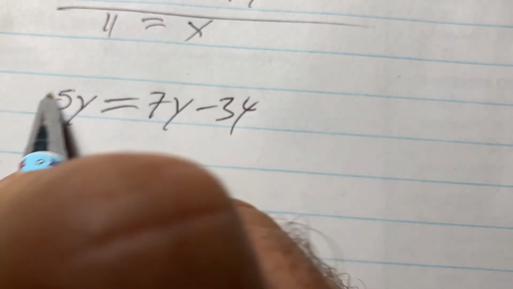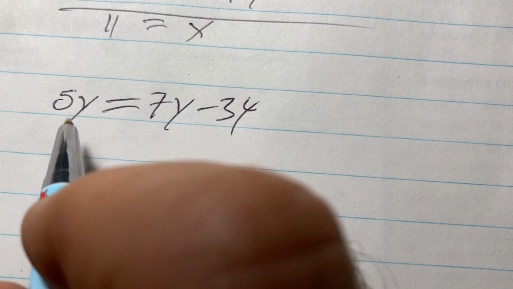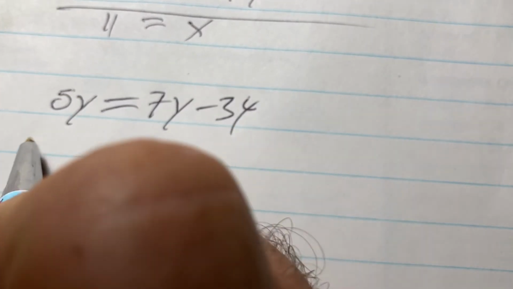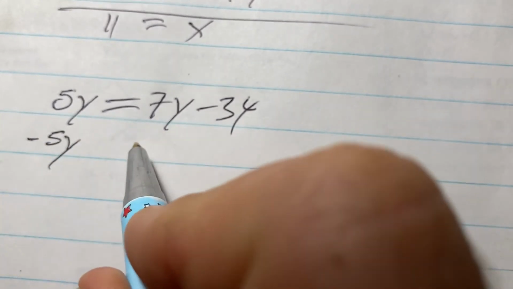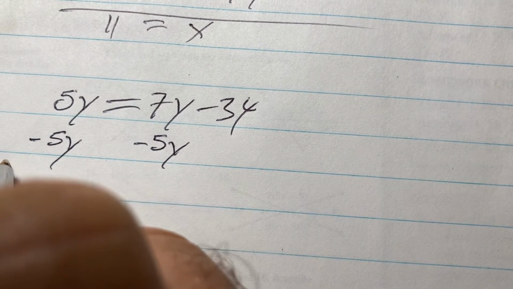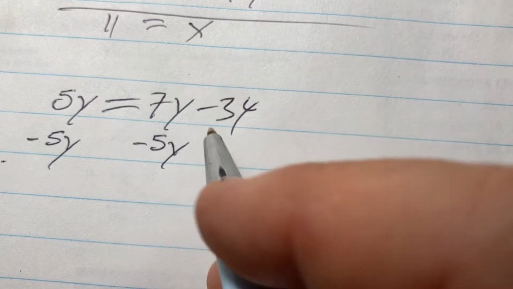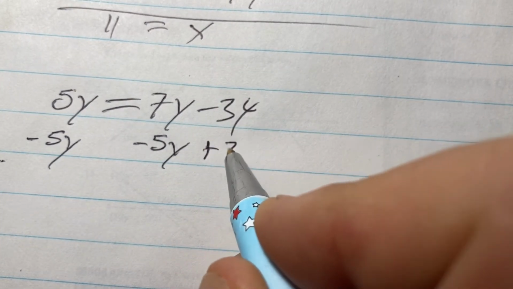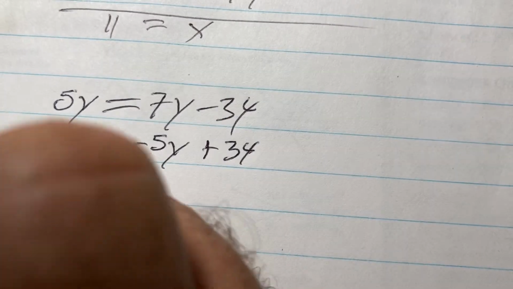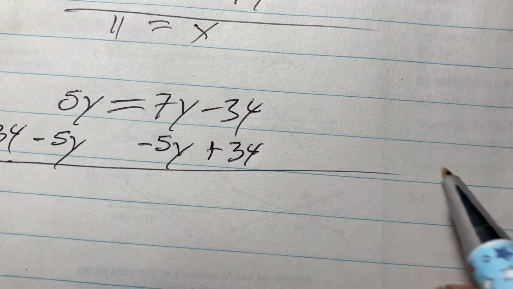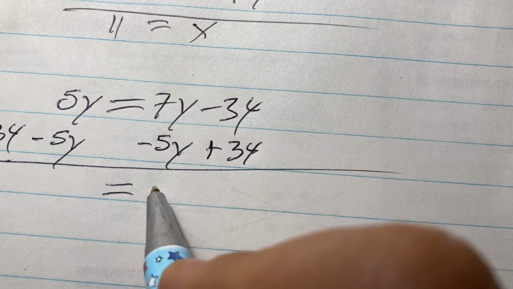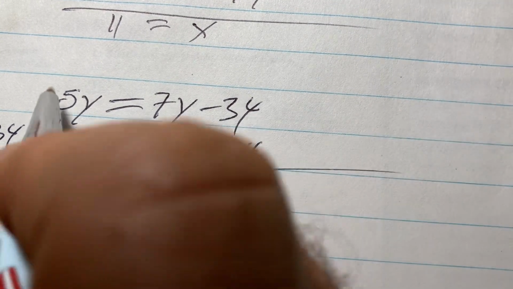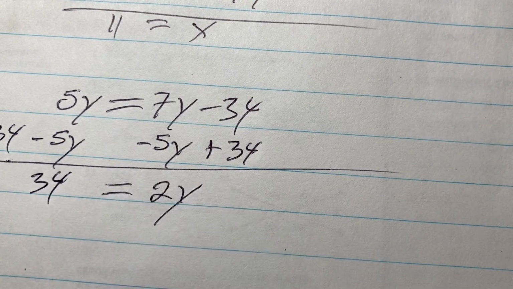So to get positive 5y to the other side, you do the opposite operation. So we subtract 5y on both sides. And at the same time, just to make it a little faster, the opposite of subtracting 34 is adding 34 to both sides of the equation. That's a 2y. Cancel, and we have 34.